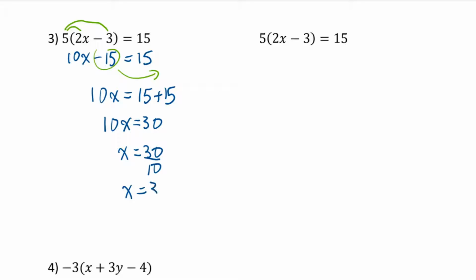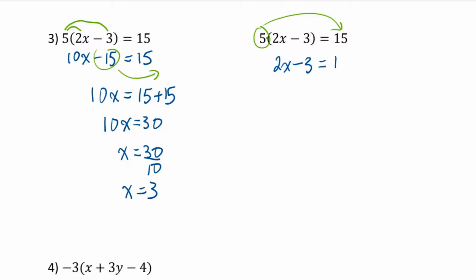X equals 3. All right, an alternative way you could have done this is recognize that this is a multiplication between the 5 and the brackets there. So rather than distributing it through, I could actually take this 5 and bring it to the other side by dividing both sides by the 5.